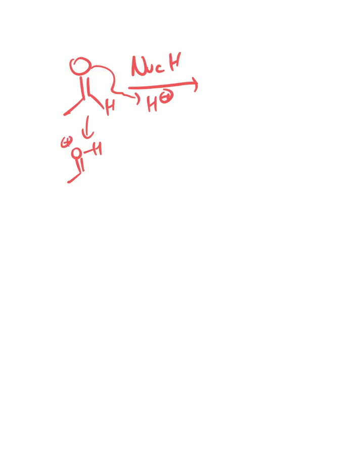So if we have a carbonyl and we add some acidic nucleophile, the first thing we do is protonate the carbonyl, just like what we just drew. We're going to go from there and go on. The nucleophile adds to the carbonyl. You break the double bond.